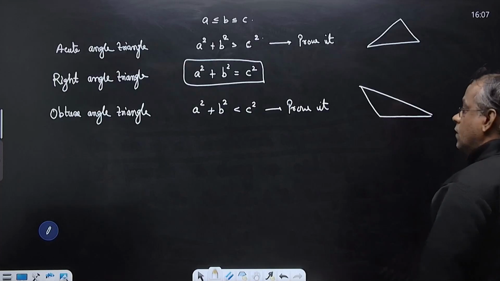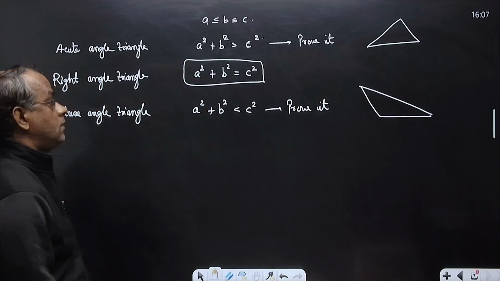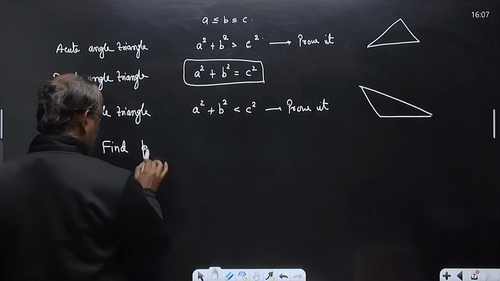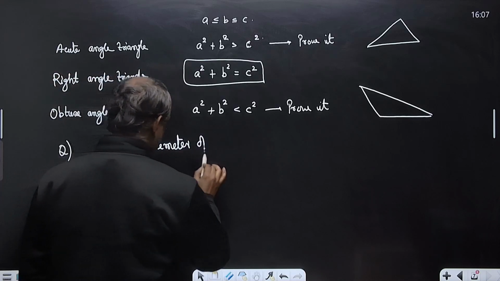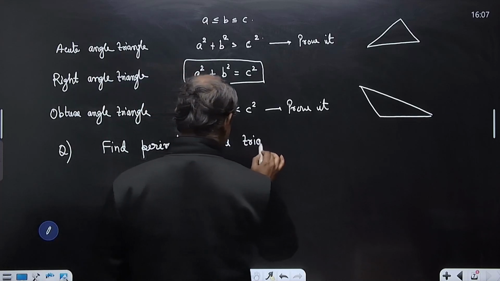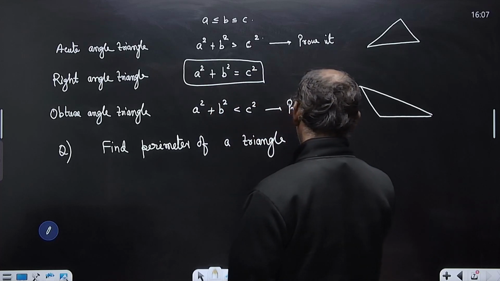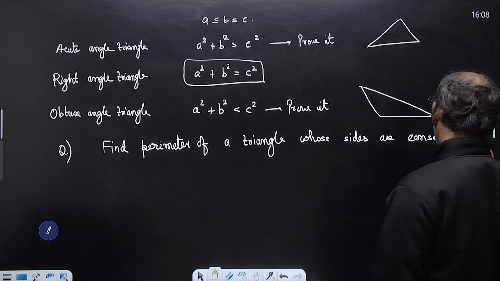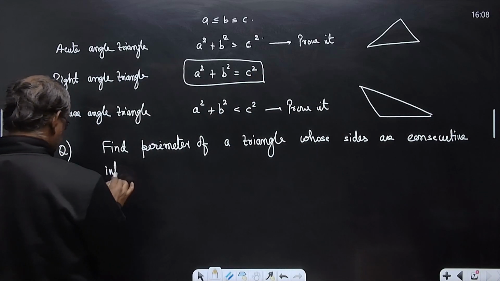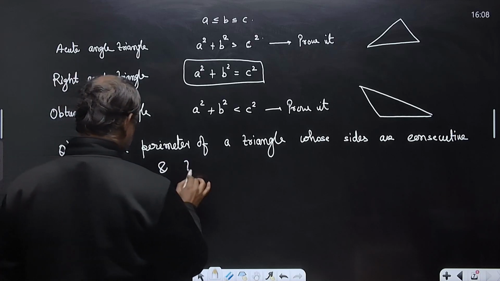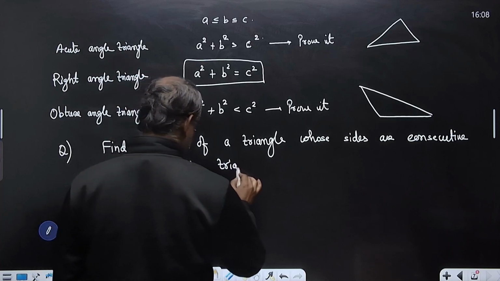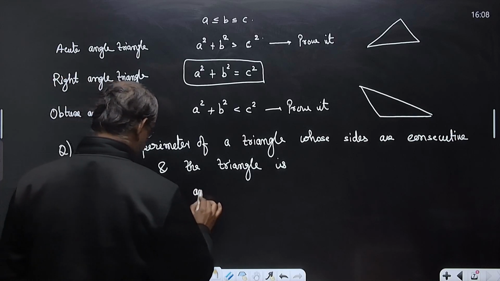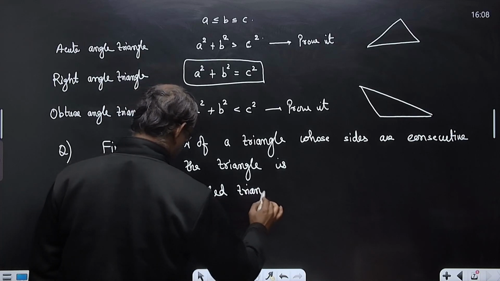Now, suppose somebody asks a question: find the perimeter of a triangle whose sides are consecutive integers, and the triangle is a right angle triangle.